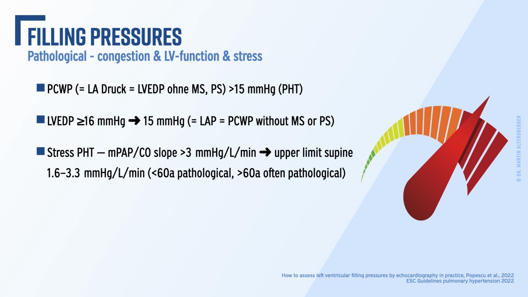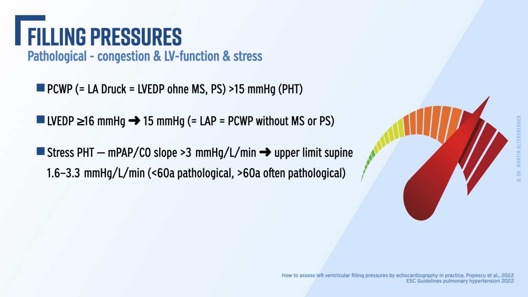That denotes a significant elevation in filling pressures. The left ventricular end-diastolic pressure is also elevated when it's above 15 millimeters of mercury. Again, the left ventricular end-diastolic pressure equals the left atrial pressure and also equals the pulmonary capillary wedge pressure if there is no stenosis in between those systems.